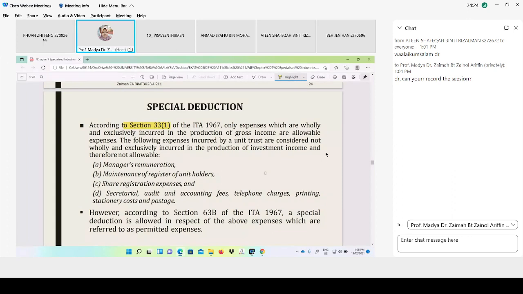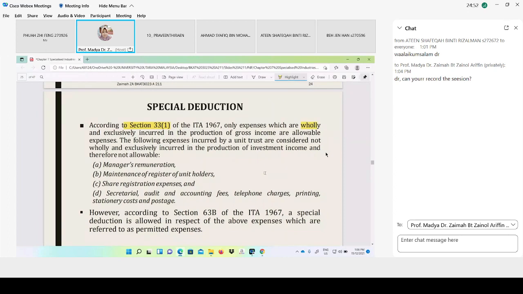If you can trace the expenses towards any of the gross income, you can directly deduct the expenses under that income. But in here, you cannot trace directly, meaning that it is not wholly and exclusively incurred in generating the income. Okay, so that is called special.